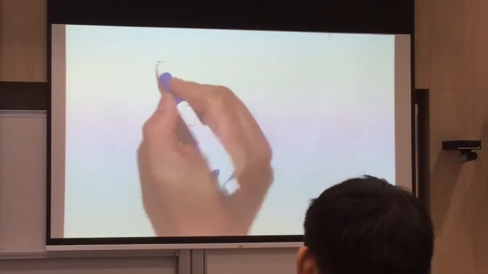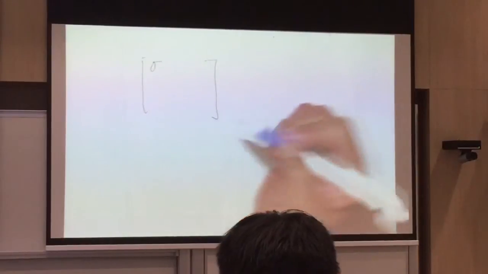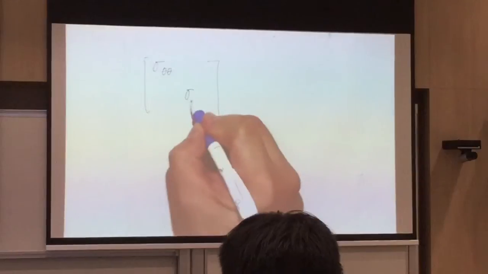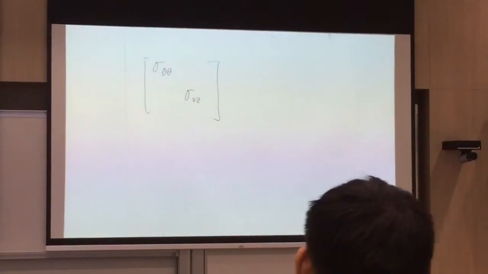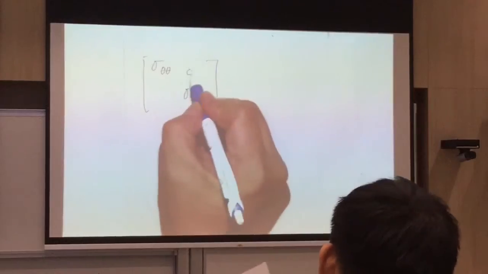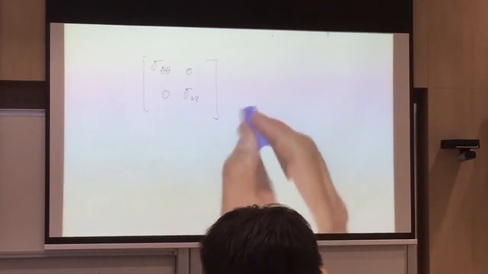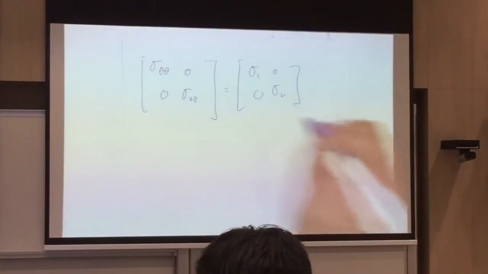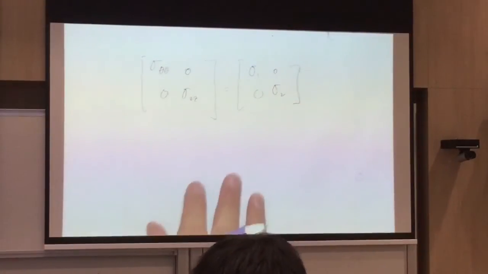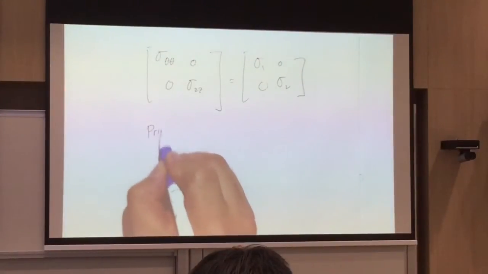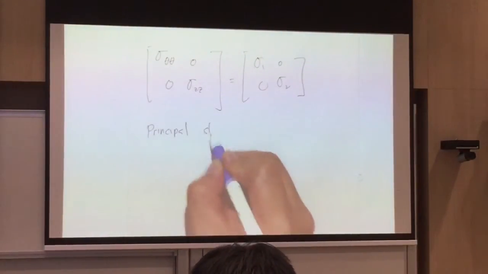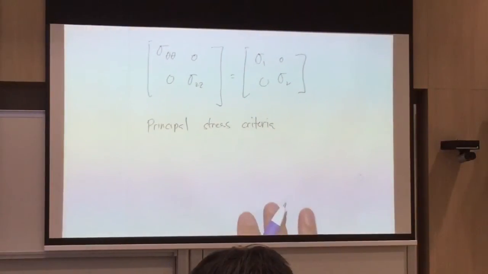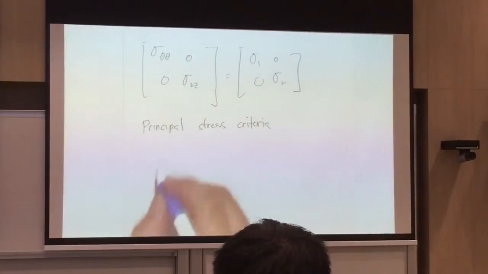So here, if you have now your state of stress, you have your sigma theta theta, you have your sigma z z. So we're looking at an inward pressure vessel. So eventually this will be equal to sigma 1 or sigma 2. So if you are using a principal stress criterion, what do you have?